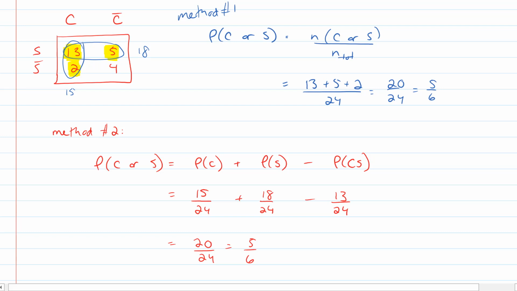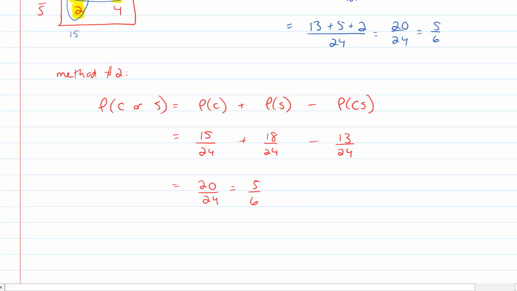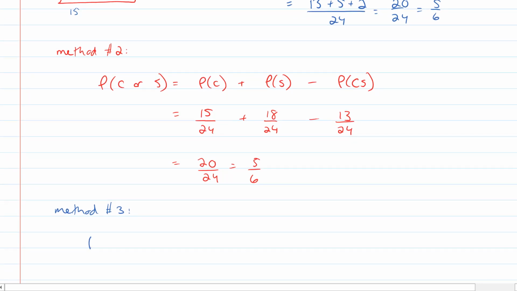Also, if you wanted, method number 3. The probability of coffee or spicy food is 1 minus the probability of that negation.